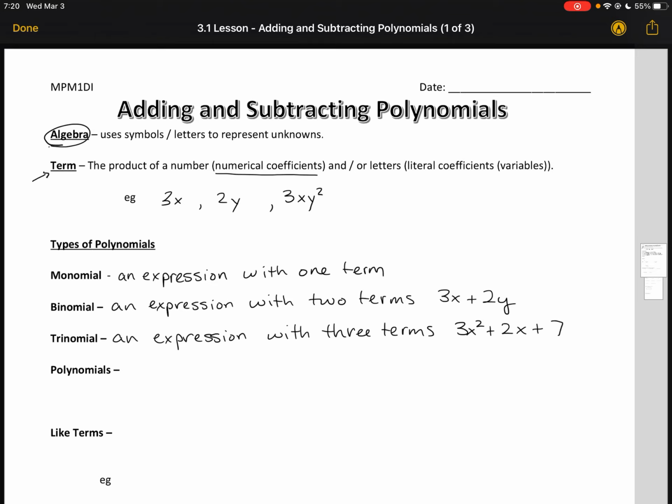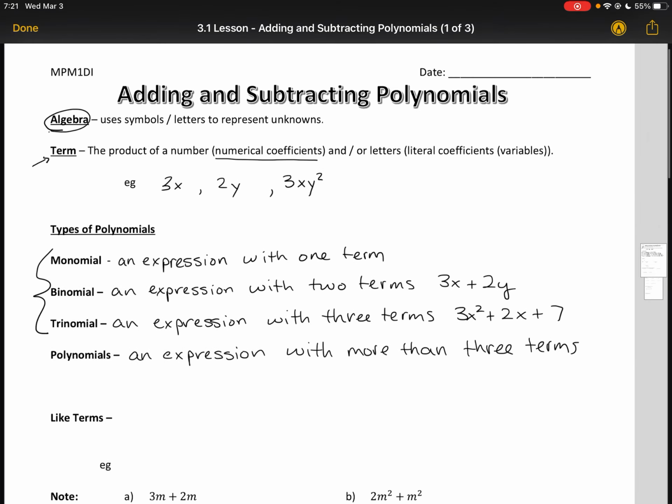And then a polynomial is just an expression with really more than three terms. Anything less, and you should call it by its specific name: a monomial, a binomial, or a trinomial.